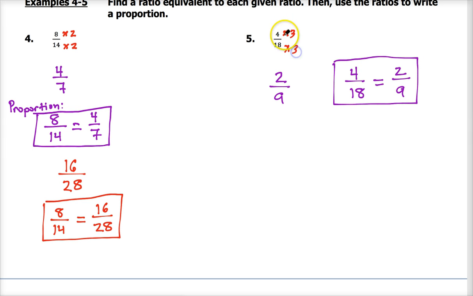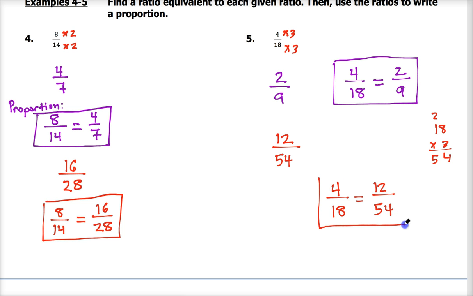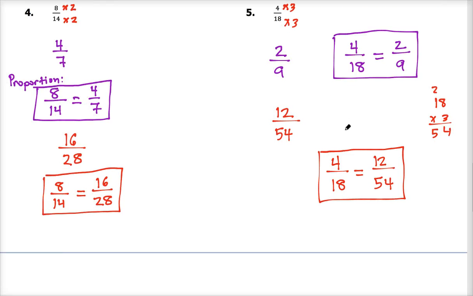Okay, if I do that, 4 times 3 is 12. 18 times 3 is 54, so I get the ratio 12 to 54. So I could also write the proportion 4 to 18 equals 12 to 54. Okay, so lots of different ways and lots of different possibilities for equivalent ratios. You just have to find one and then write your proportion.